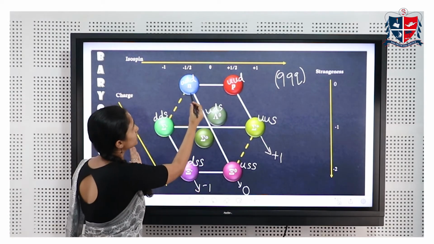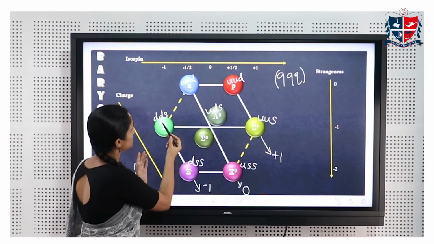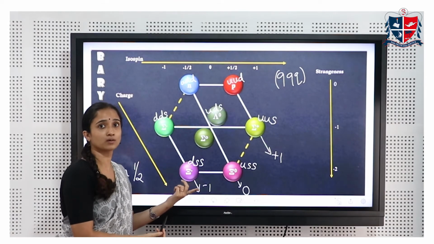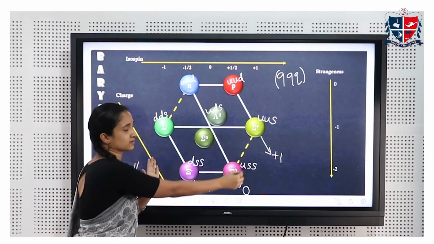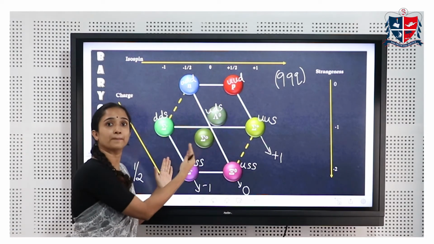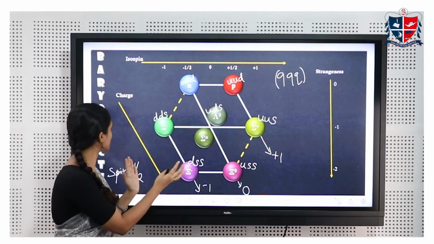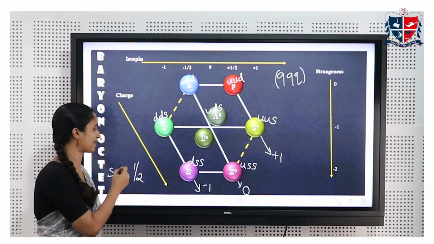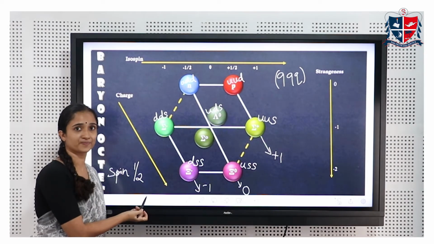We have UDD and UUD, DDS, and the center particles have UDS, that is one of each quark. So even the quark combination follows a particular pattern. So this is how we express a baryon octet, which is meant for particles having spin half.